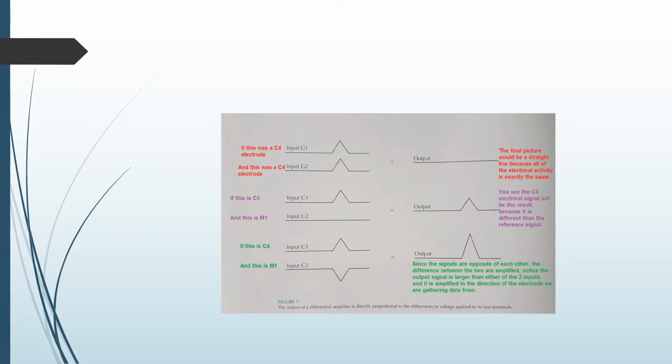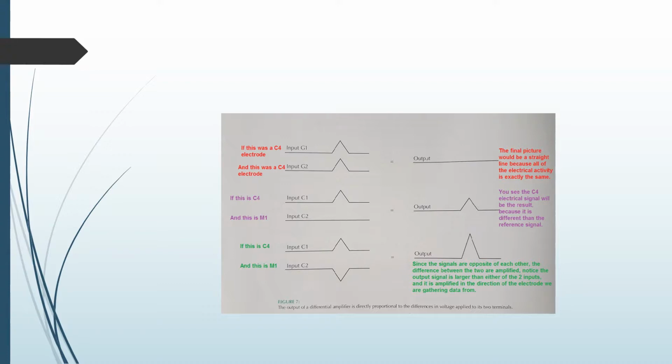Okay, let's try another one down where the green typing is. So if input 1 is C4, and you see that that has a negative deflection, meaning it is going above baseline, and you see the M1 deflection in input G2, and you see it has a positive deflection, meaning it's going below baseline.